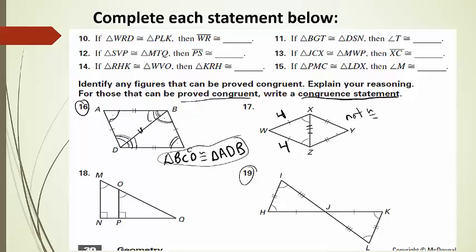That doesn't tell us anything about this other triangle. This could be 6 for all we know, and this side could be 6. So they're not congruent. They have to have 1 tick mark per each triangle, and then 2 tick marks per each triangle. AT is obviously not congruent. We can easily see these triangles are not the same size.